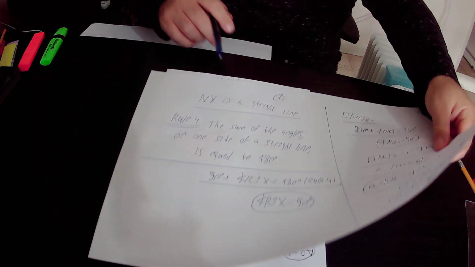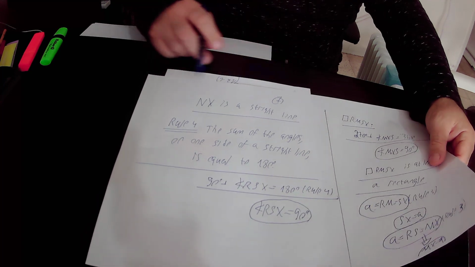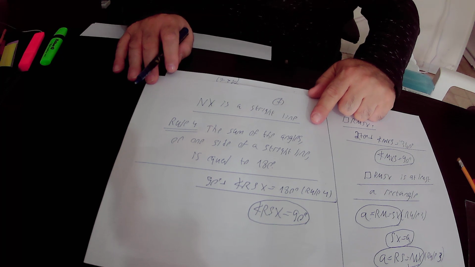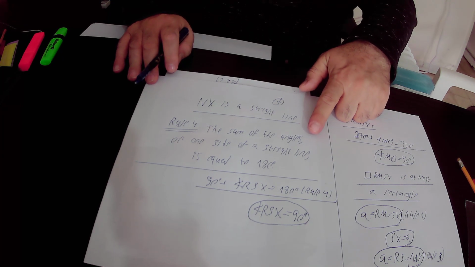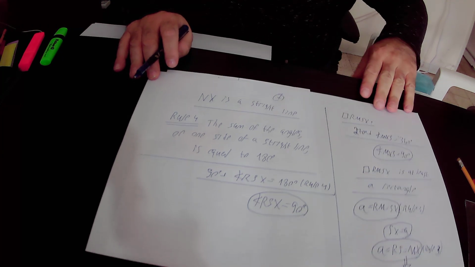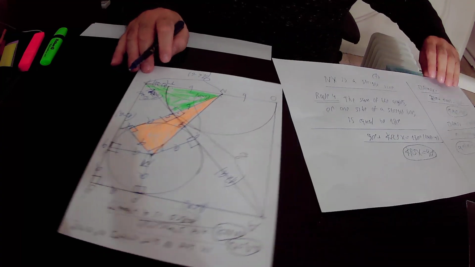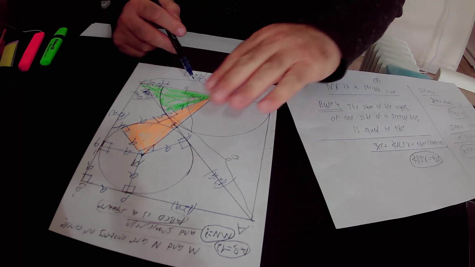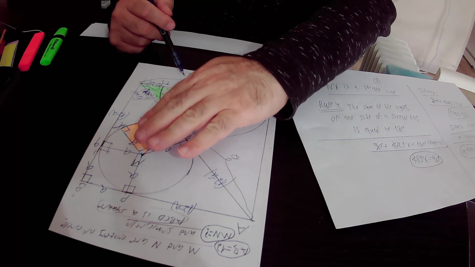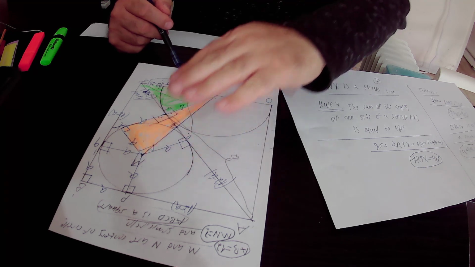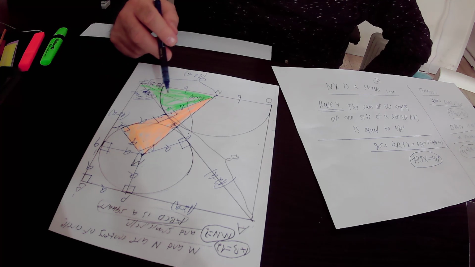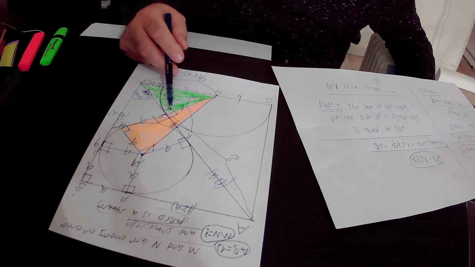So we can write down that NX is a straight line, and we have rule number 4 that states that the sum of the angles on one side of a straight line is equal to 180 degrees. If we focus on this side of the straight line NX, at point S, then the sum of the angles must be equal to 180 degrees according to rule number 4.